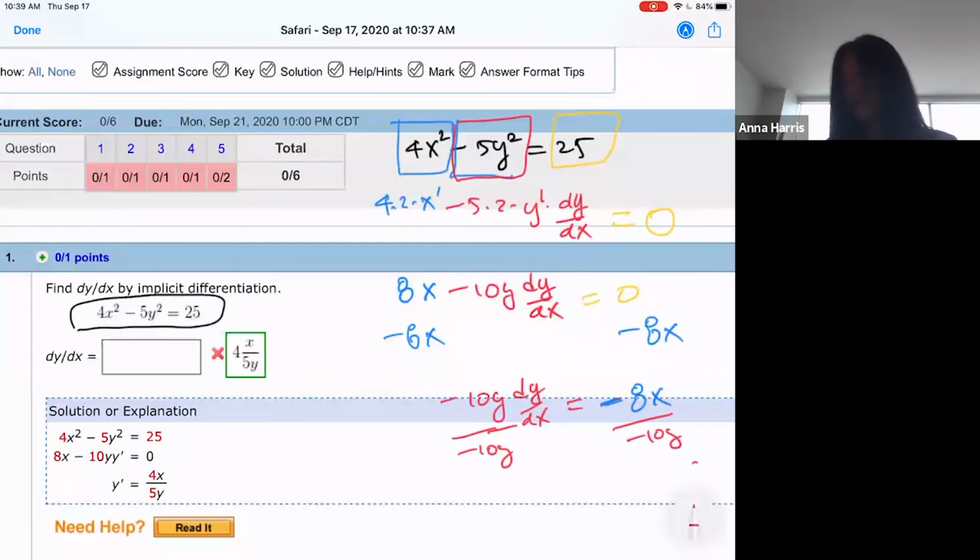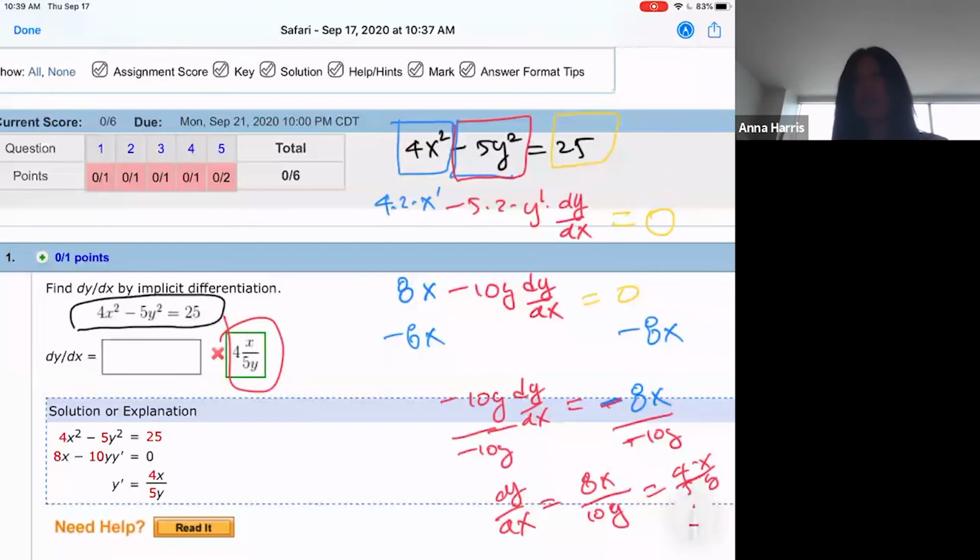So I'm done. dy dx equal to 8x over 10y, or I can say 4x over 5y. So that's why you have answers right there. Remember, negative and negative makes positive, right? Negative 8, negative 10 gives you positive. That's why 4 over 5. So this is one way you can do it. This is an easy problem.